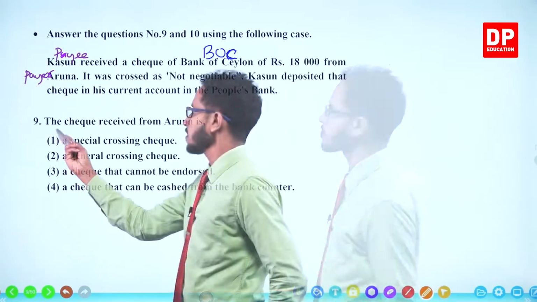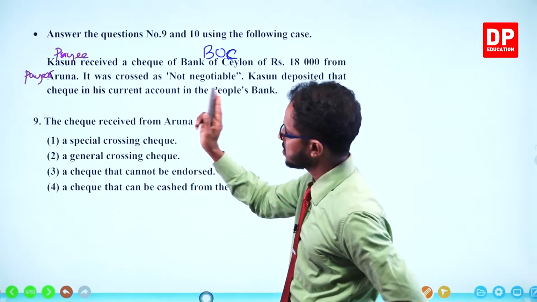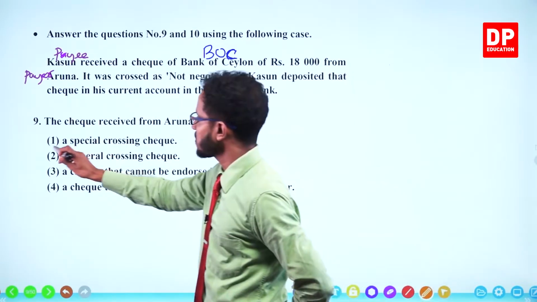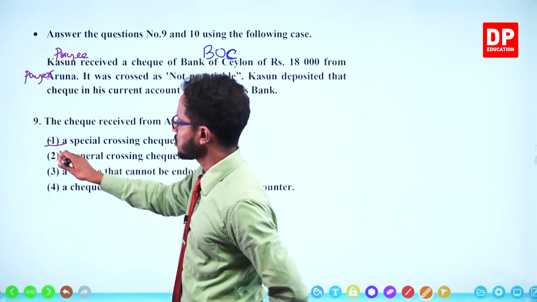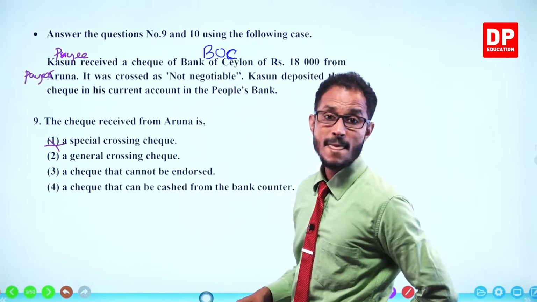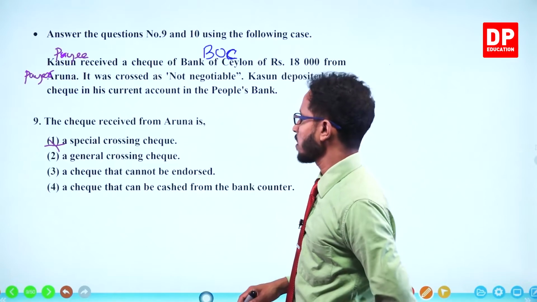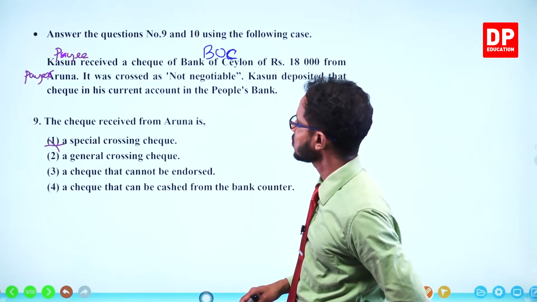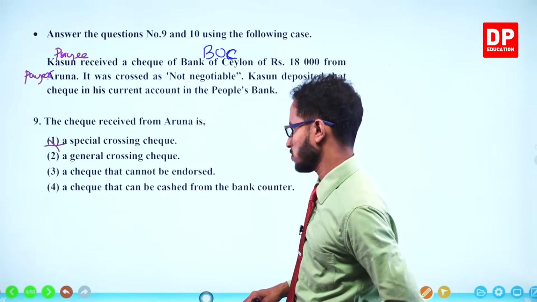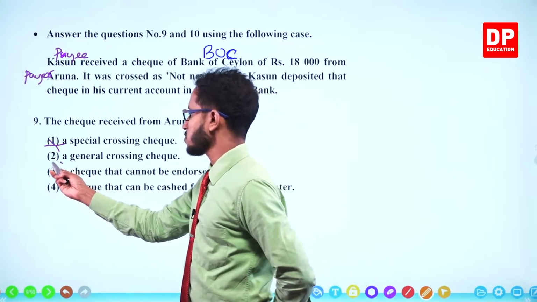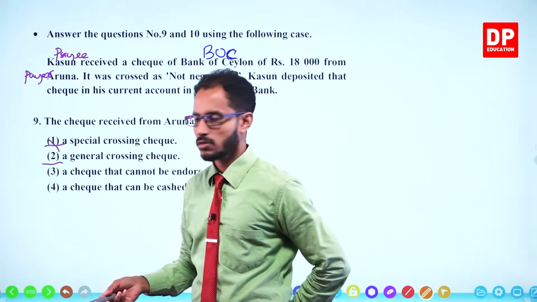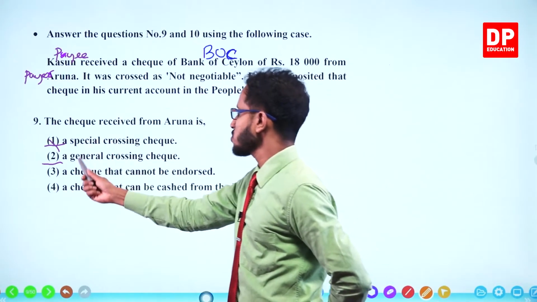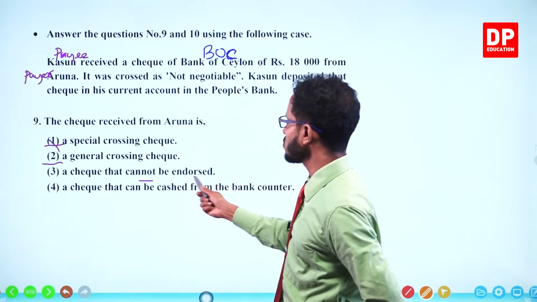It's clear now? The check received from Aruna is a special crossing check. No. Special crossing should have a name of a commercial bank. A general crossing check? Yeah, that's true. It's a general crossing check. A check that cannot be endorsed?